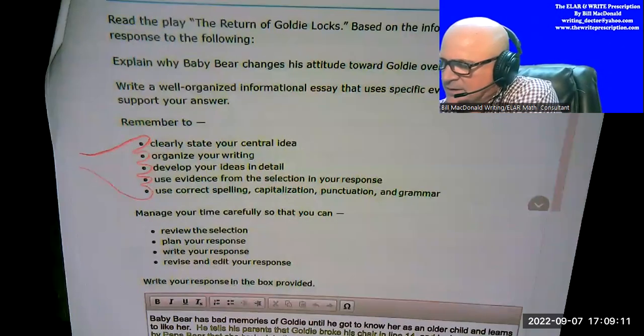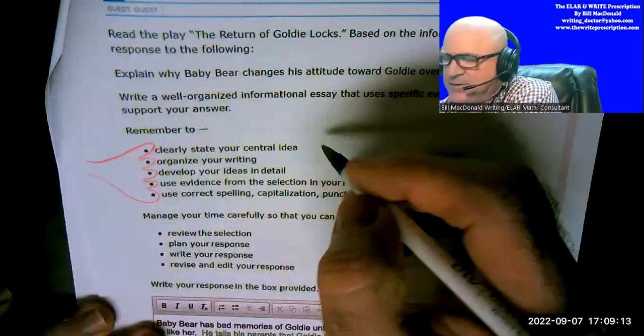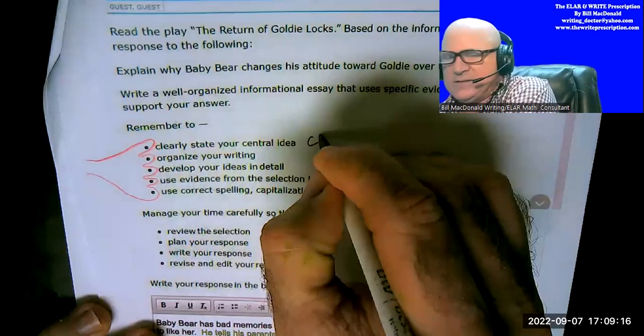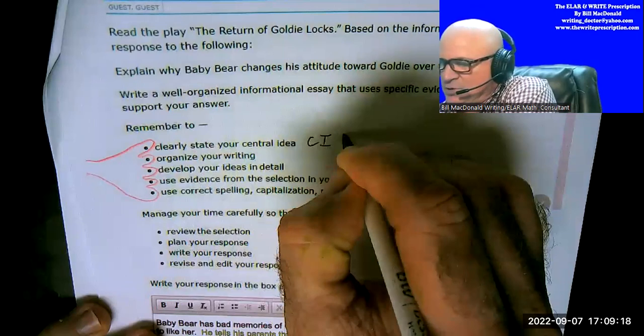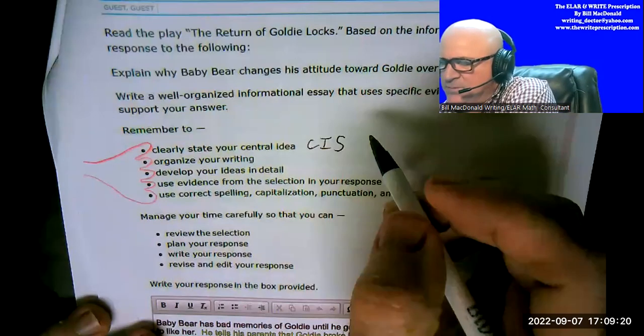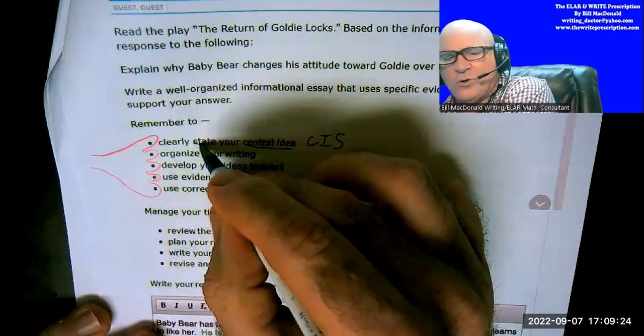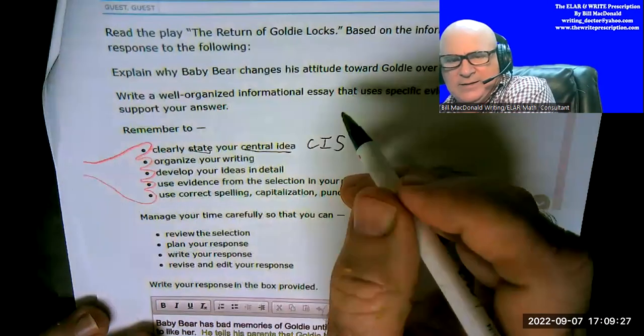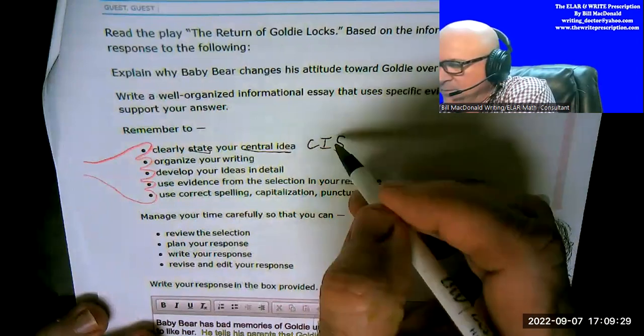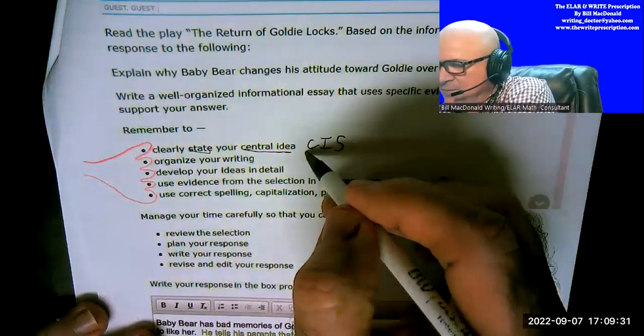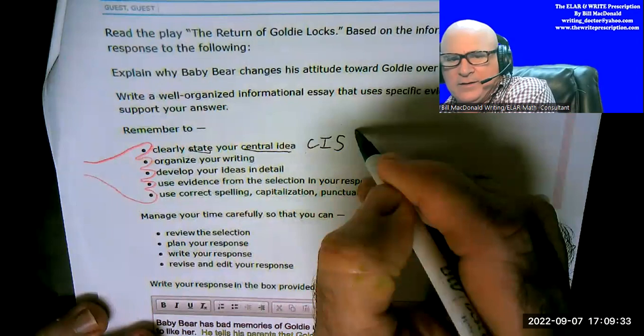Well, in 4th and in 7th grade, we're going to call it the CIS, the central idea statement. In 3rd, 4th, and 5th, the controlling idea statement. In 6th, 7th, and 8th, or the thesis statement in 9th and 10th grade.